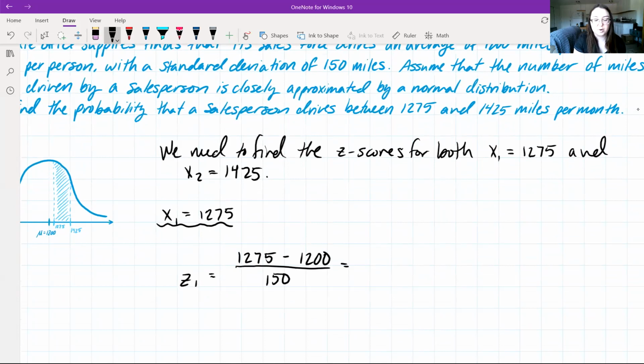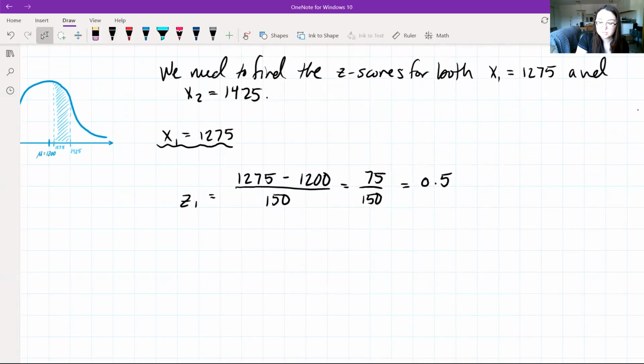When we do this, we end up getting 75 divided by 150. This is just going to be equal to 0.5. So our z-score for x equal to 1,275 is 0.5.